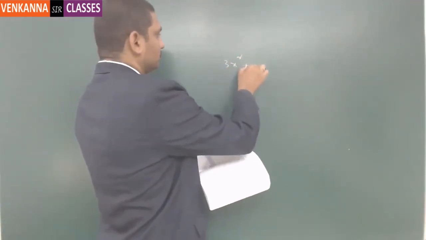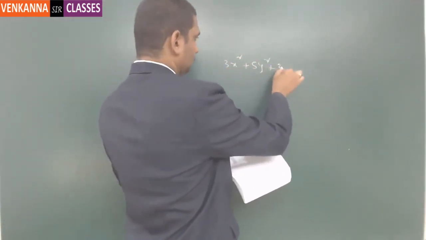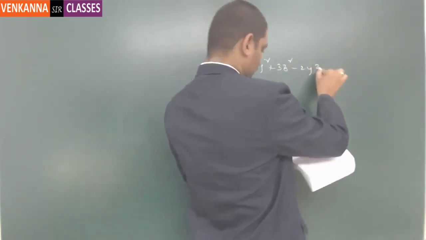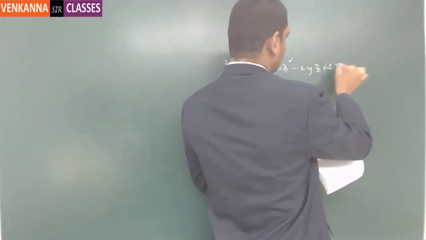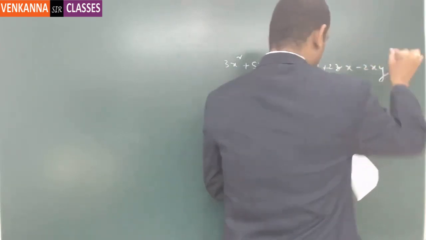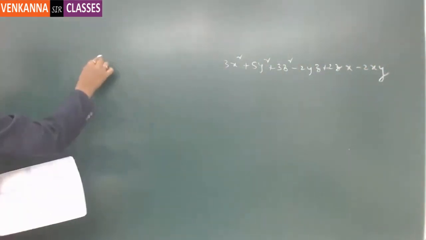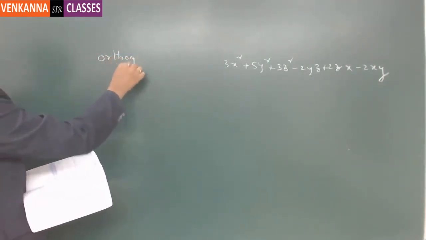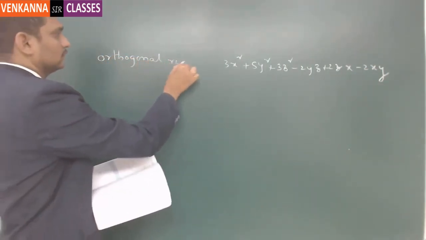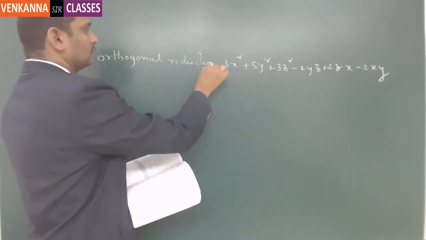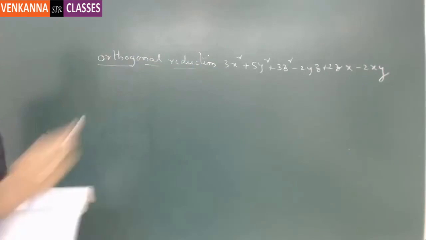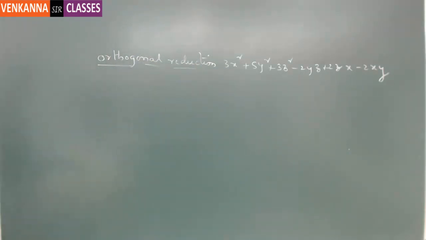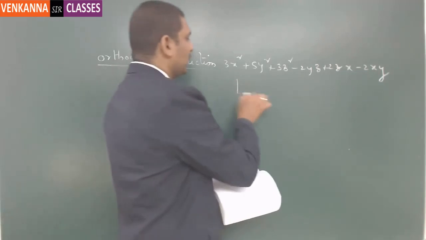So this is our problem. We are applying the technique of orthogonal reduction for the given quadratic form, so that it will be converted into canonical form.